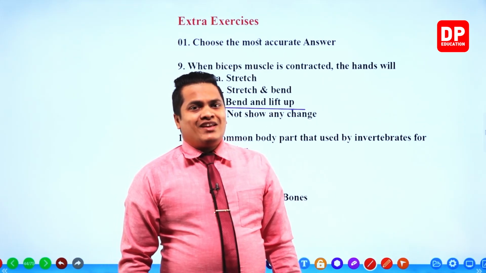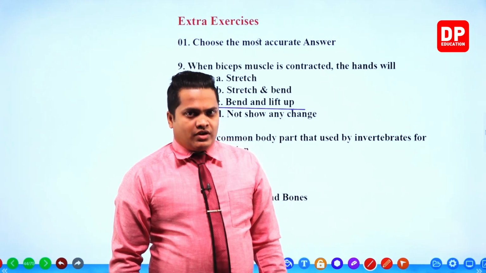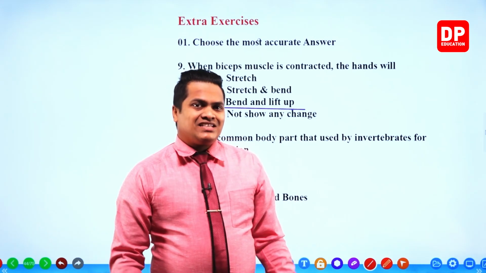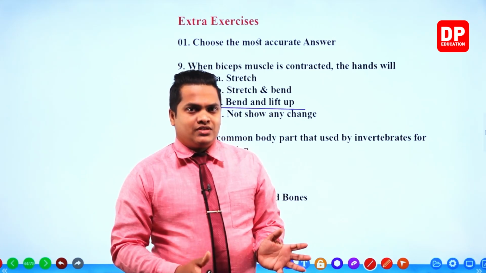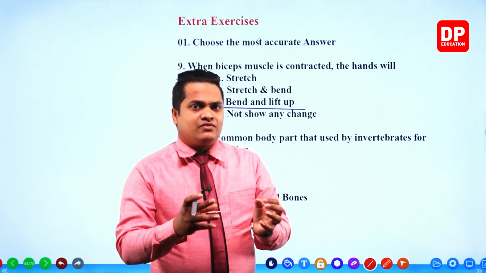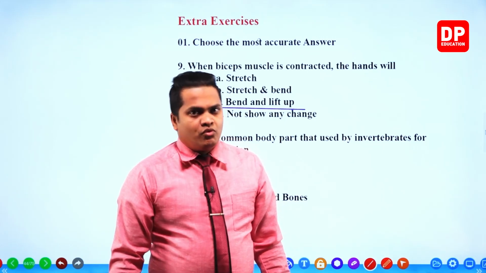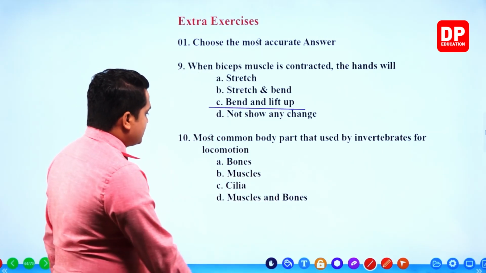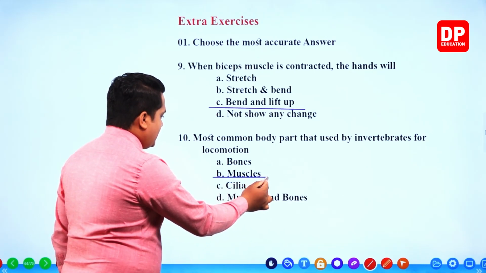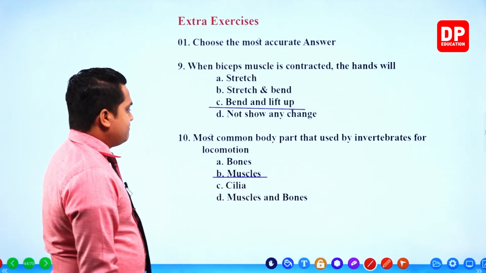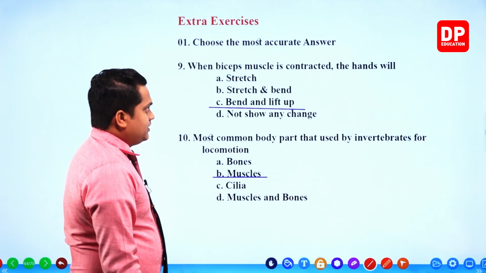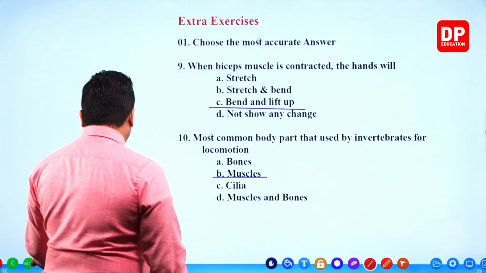So muscles are very important for the movements of organisms, especially for invertebrates, my dear children. As invertebrates do not have any bones, they use muscle movements for their locomotion. So the correct answer would be muscles. Yes, the second one has the muscles. Muscles is the correct answer, right?